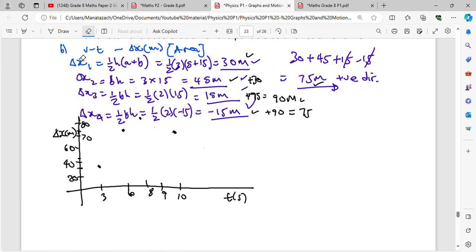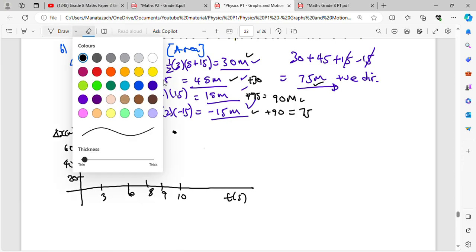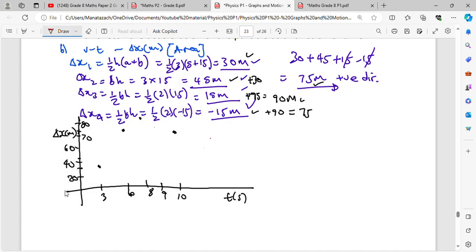Okay, now let's plot the graph. Let's use the red color. So the displacement will be a curve from here, like a hockey stick. So this is actually a curve. And then between 3 seconds and 6 seconds is going to be a straight line. And then between 6 and 8 at the peak.